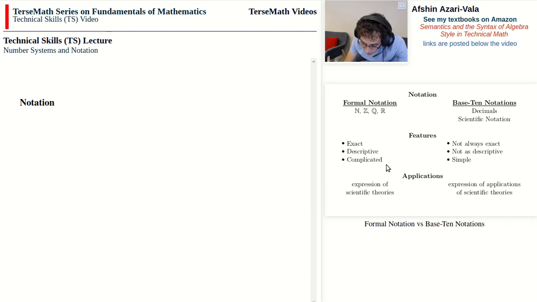But the weakness of the formal notation is that it's a complicated kind of notation to use. If you think about it, with the introduction of Z, we now have to come up with algorithms that teach us how to add these numbers, negative numbers, and how to subtract them, how to multiply them, divide them.